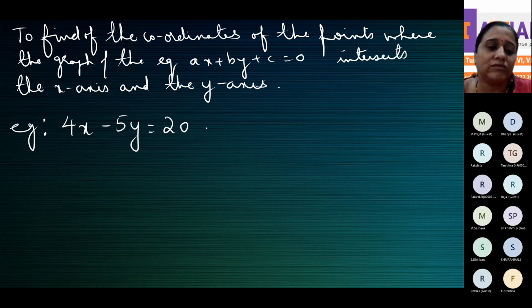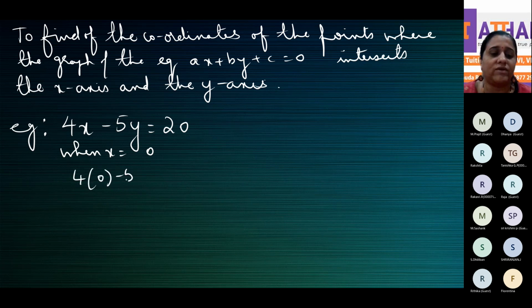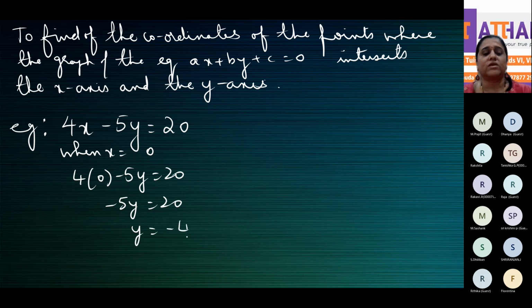When x is equal to 0, what will be the value of y? 4 into 0 minus 5y is equal to 20. So this is 0. So minus 5y is equal to 20. Y is equal to minus 4.